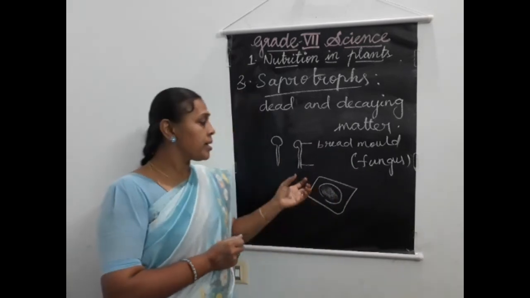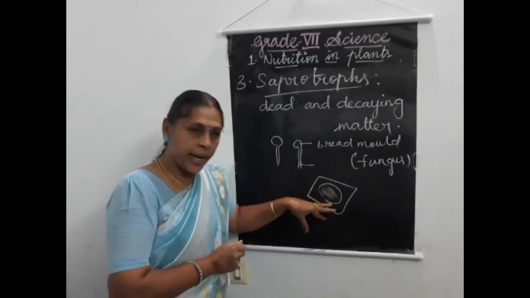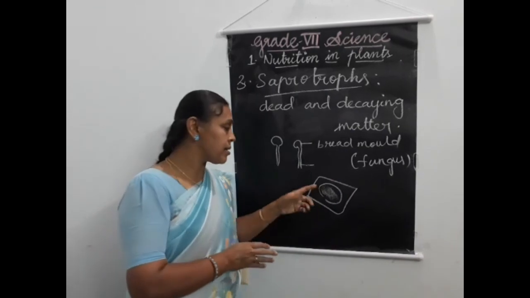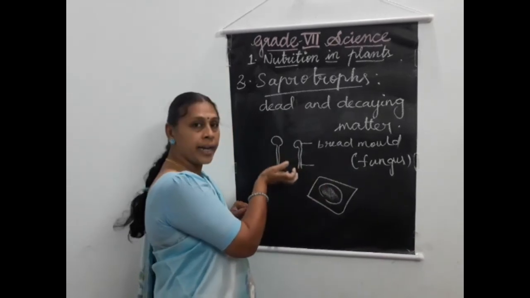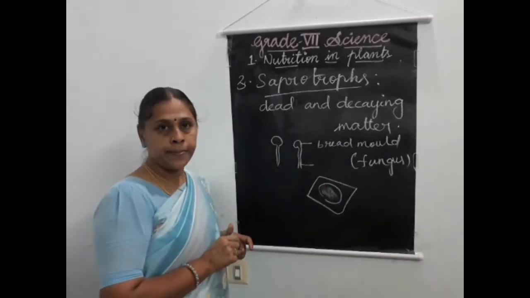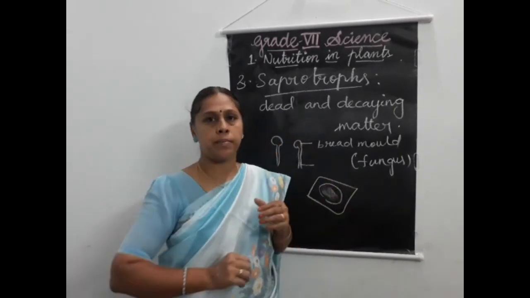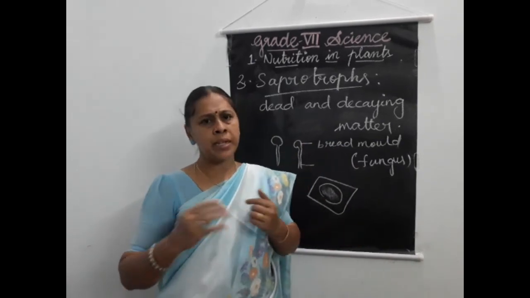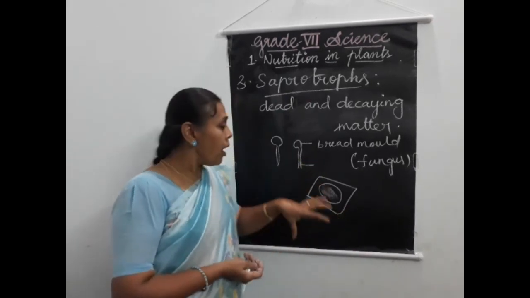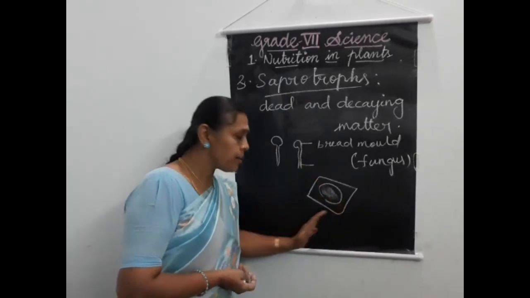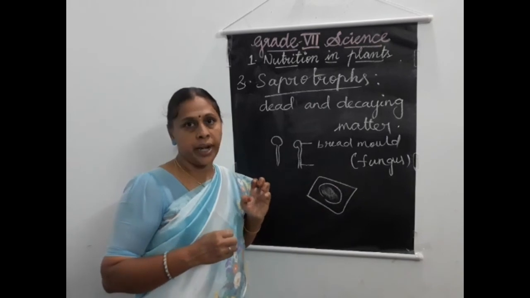It is nothing but the liquid secreted by this bread mold on this substratum, and it converts that semi-solid or solid substance into liquid form, and it absorbs the nutrients from this food item or the substratum. Substratum means nothing but that on which it grows. Either it may be a food item or some other thing, a living organism. Wherever it grows, it secretes an enzyme in liquid form, makes it soluble, and absorbs the nutrition from that substratum.